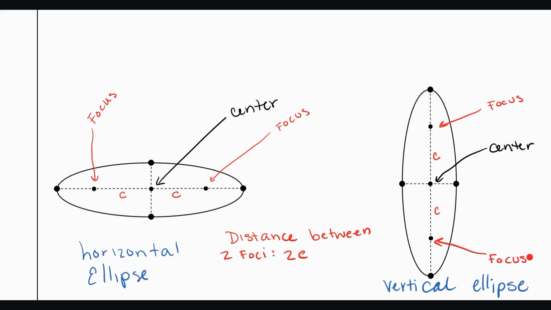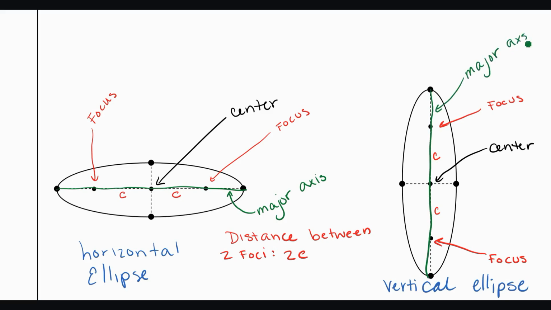Now our major axis is the line that runs through the ellipse that is the longest one. Here, horizontally, this line, I'll do it in green, is our major axis. And for the vertical one, this line is our major axis.